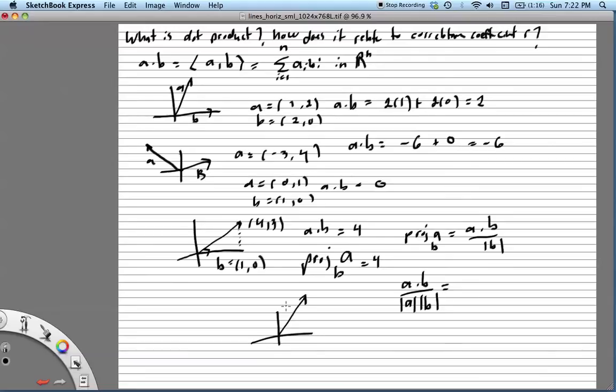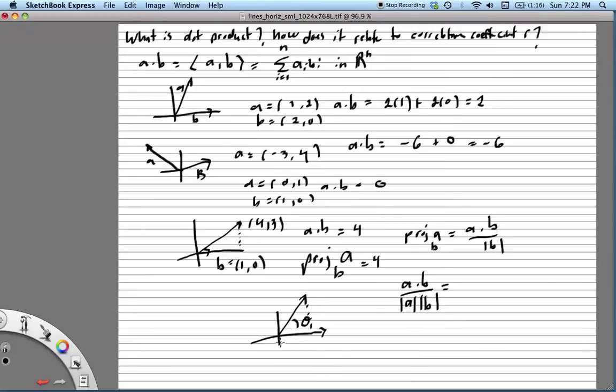This is a unit vector, and this is a unit vector in this direction. Now what we want to see here is that we can get at the angle between these vectors using simple trigonometry by doing this projection.